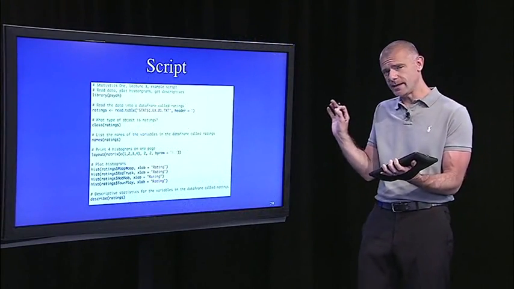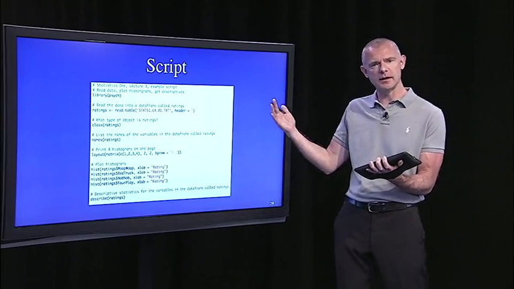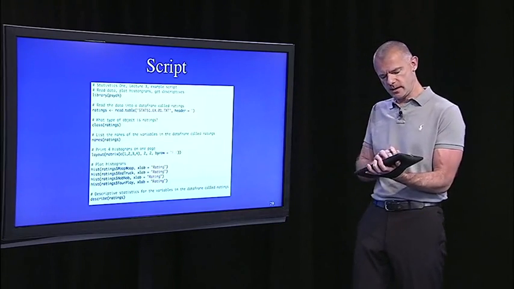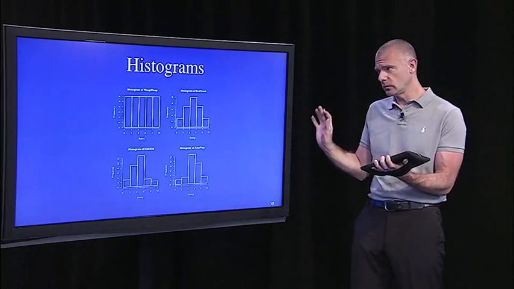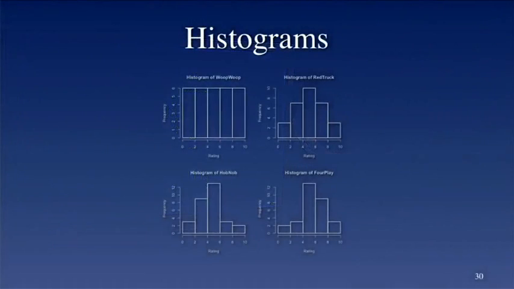You should be able to create that script on your own and run it with the example data set that we provided. And you should be able to produce 4 histograms that look just like this. So the uniform histogram for whoop whoop, the nice normal one for red truck, the positively skewed for hobnob, the negatively skewed for foreplay.